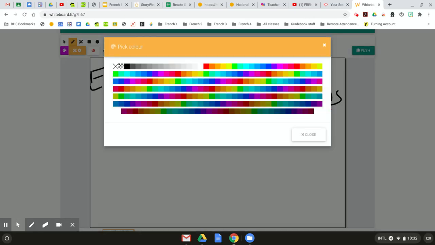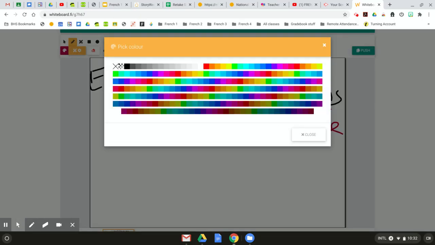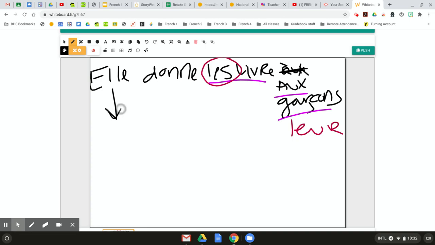So we're going to end up replacing les livres with les, and aux garçons is going to be replaced with leur because it's them. So we're going to just write our sentence again, and so we're going to bring our subject down, and it's going to be elle. Now remember your word order and everything that it went in. Les comes next.